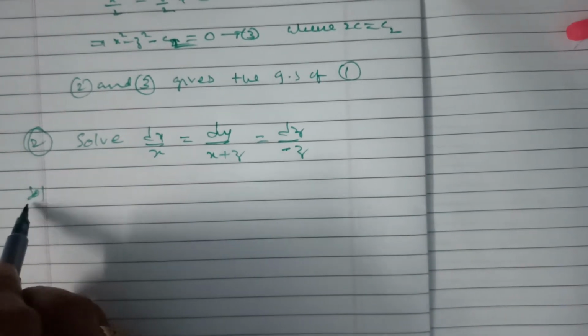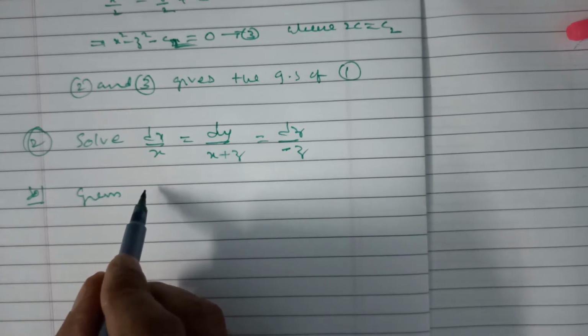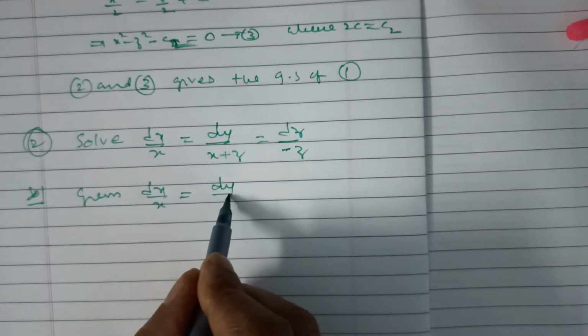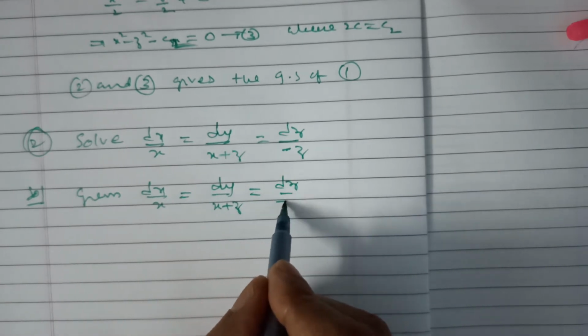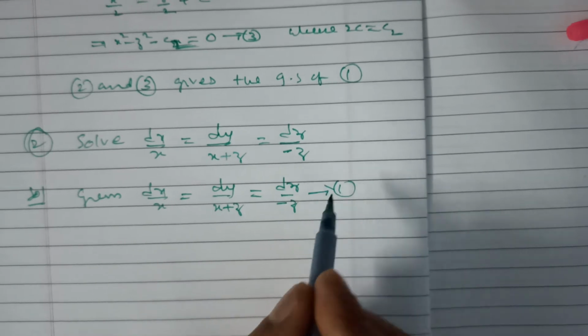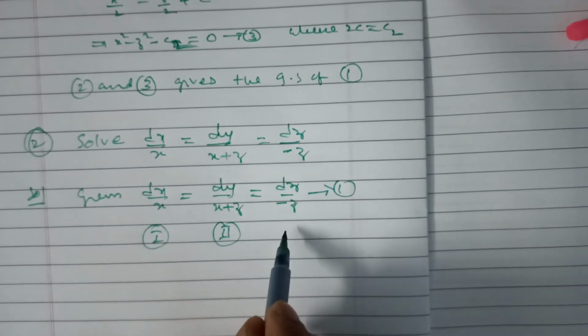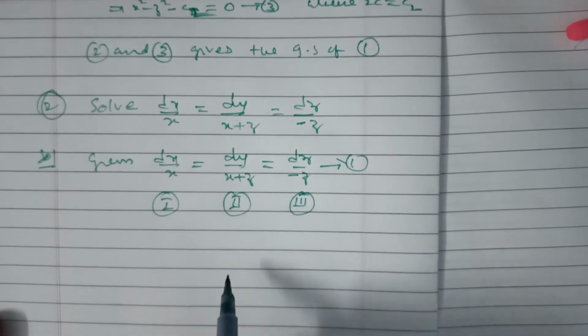So solution: given dx by x is equal to dy by x plus z is equal to dz by minus z. Take this as equation 1. And the first ratio is Roman 1, second ratio is Roman 2, third ratio is Roman 3.